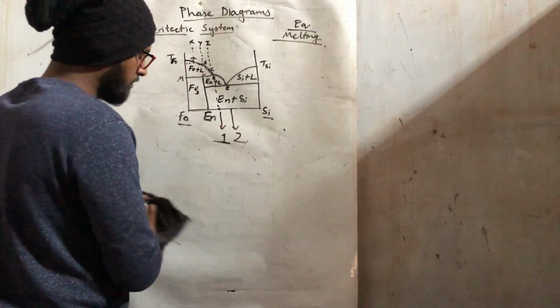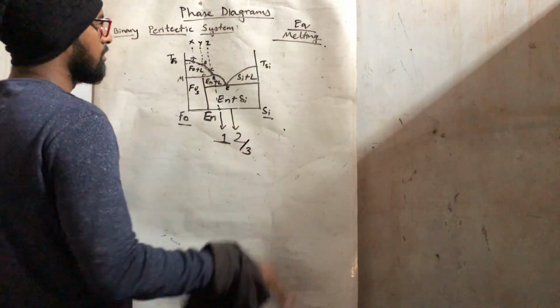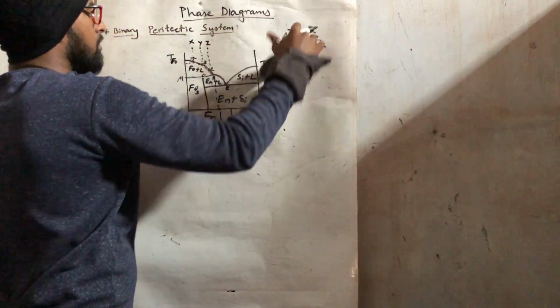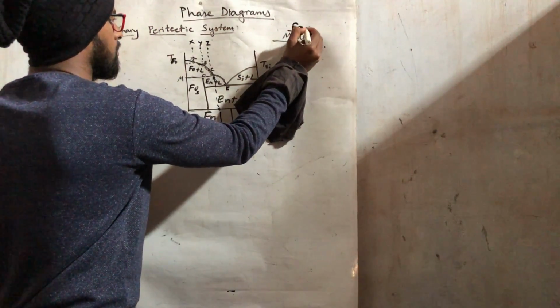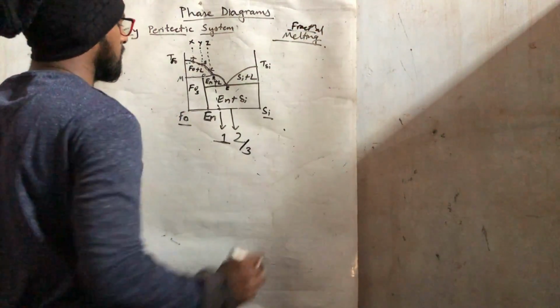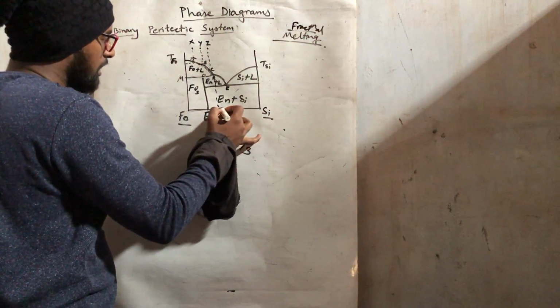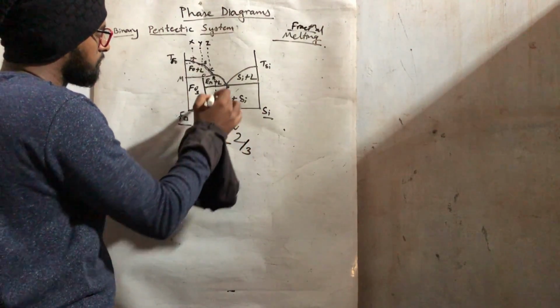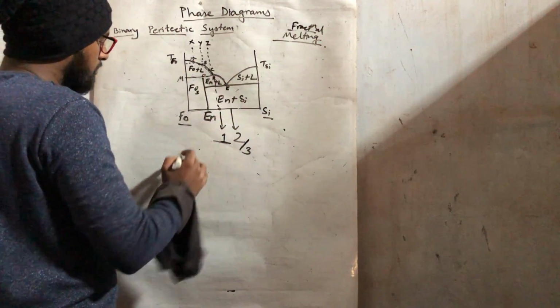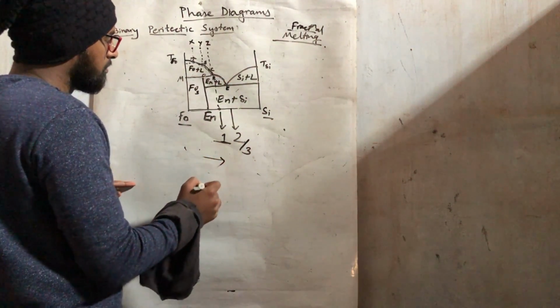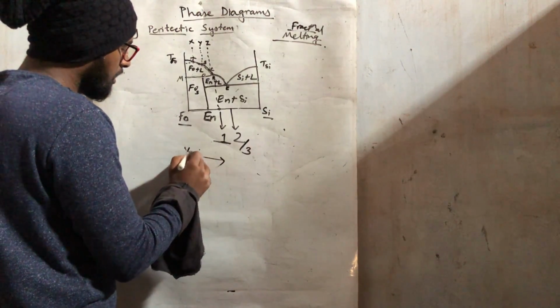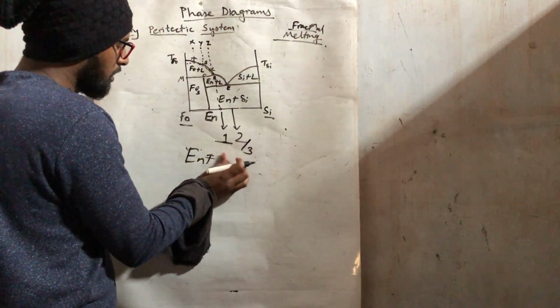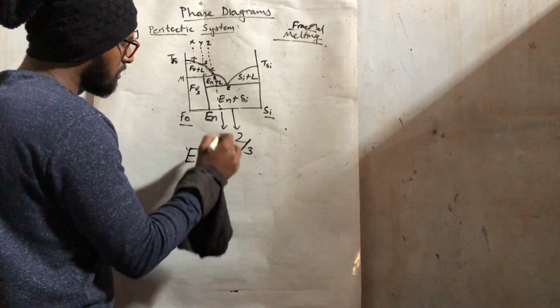So what about fractional melting? For fractional melting, first for rock 1, we have enstatite plus forsterite in the rock.